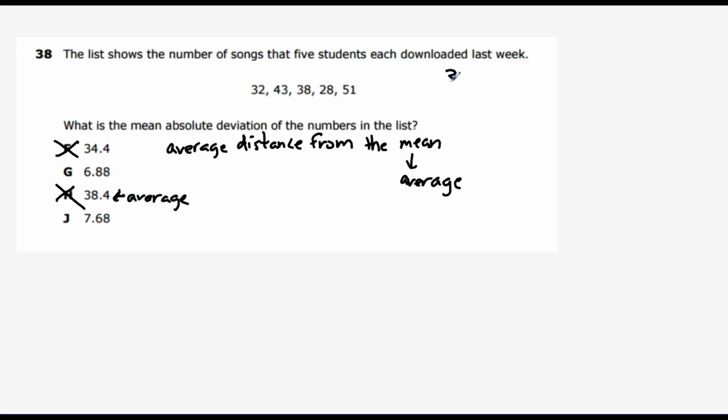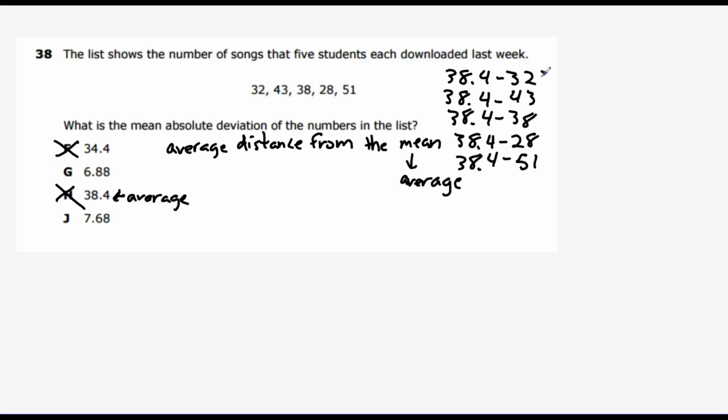So we're going to say, what's 38.4 minus 32? And then 38.4 minus 43. And then 38.4 minus 38. 38.4 minus 28. Hopefully you start to see the pattern here. Minus 51. And this is going to give us a new list of 5 numbers.